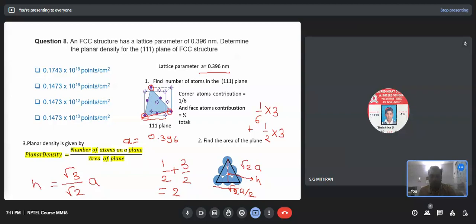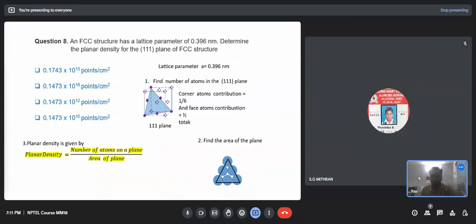Now we have to calculate the area. For that, this value and this value, area of triangle is 1 by 2 root 2a, since this value is root 2a, and height, this is base and this is height.